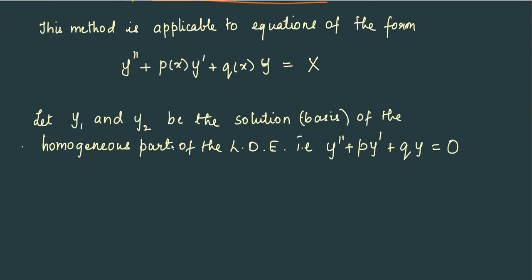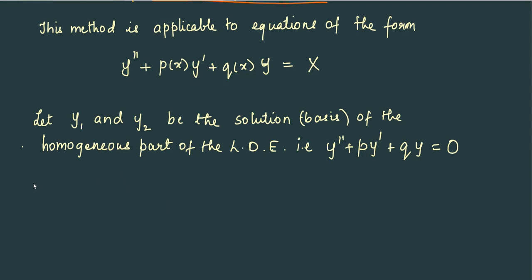So this is the homogeneous part. The complementary function will have two solutions. Now let us say we find the solutions y1 and y2.